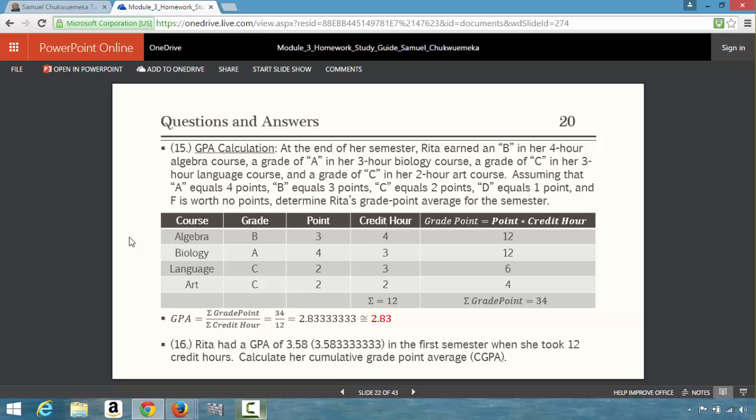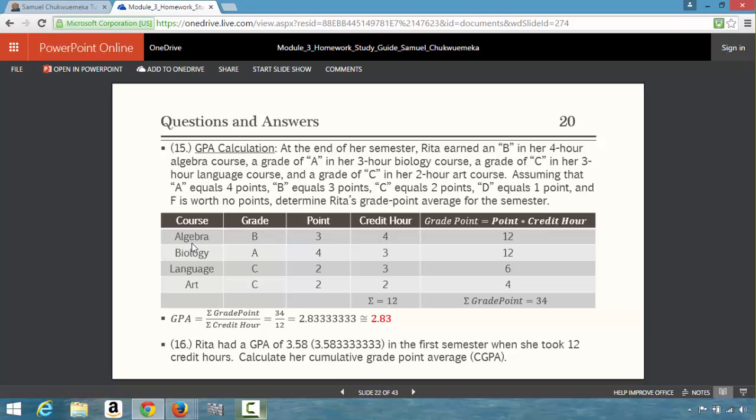So in that case, A will be 5 points, B will be 4, C will be 3, D will be 2, E will be 1, and F will be 0. That is Nigeria. So just note it applies to your country. Are you using a 5-point scale or 4-point scale? It depends on the country. So this is assuming the US 4-point scale.